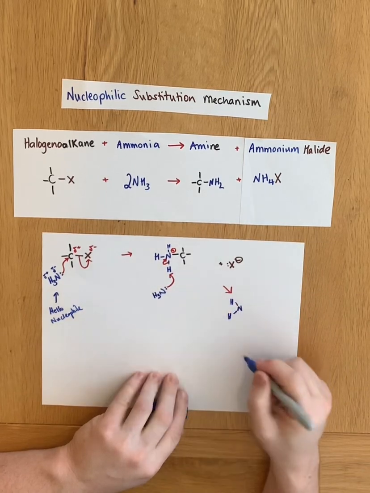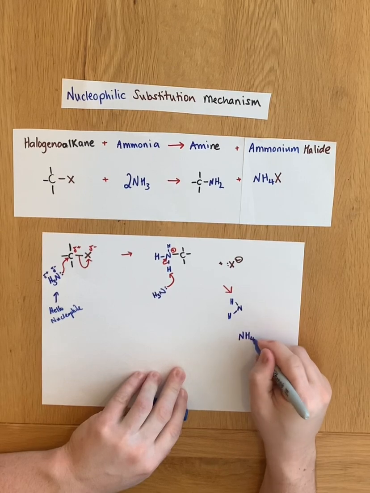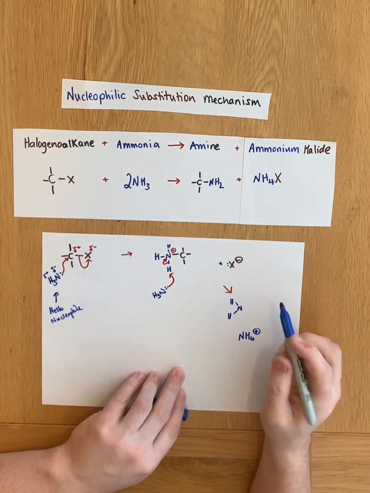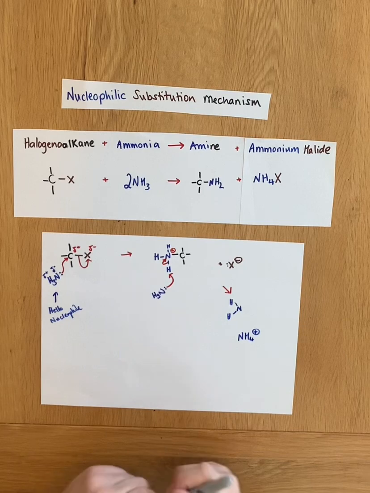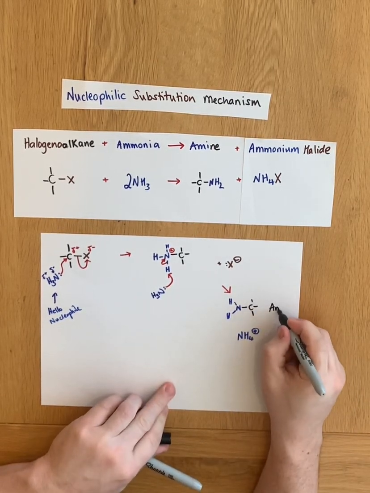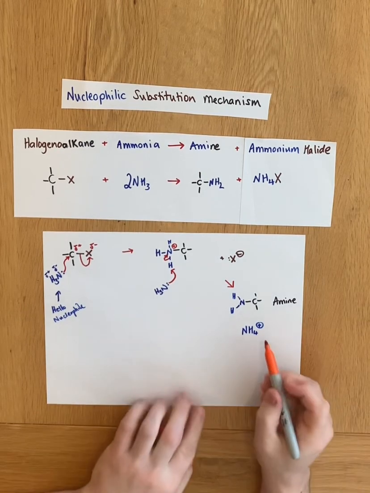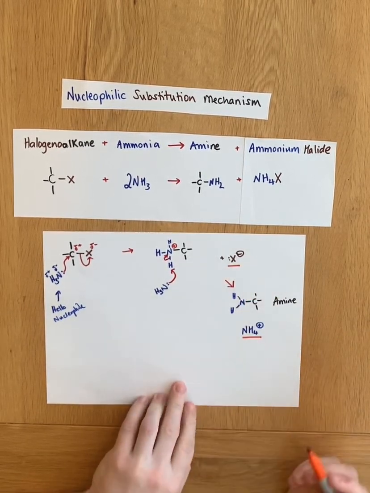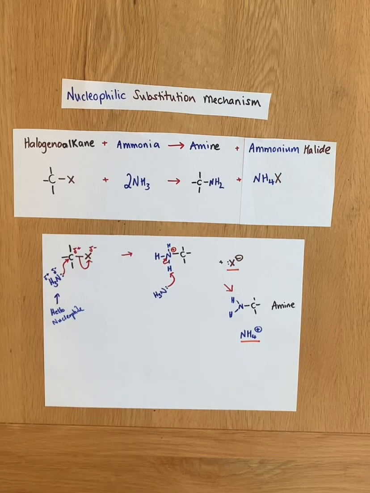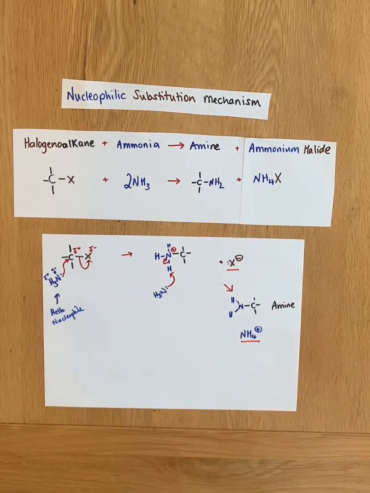This hydrogen is now part of an ammonium ion, and so I have produced my amine, and I also have my ammonium halide that has been produced. This is a primary amine because there is only one carbon substituted onto the nitrogen atom.